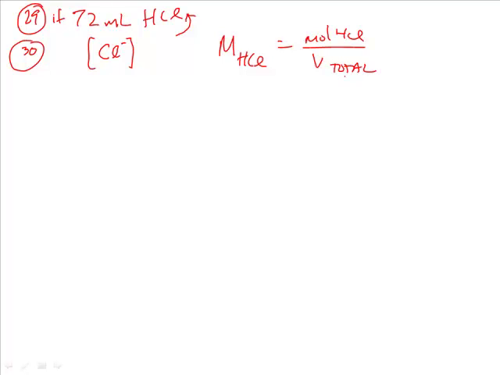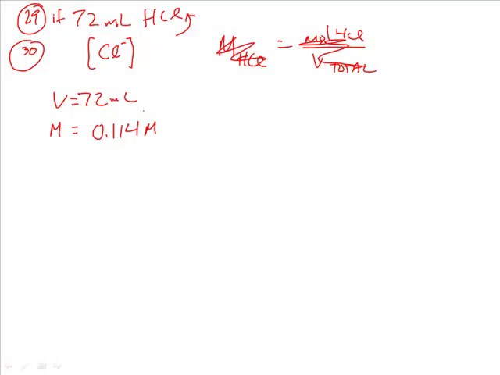So we have to consider the volume of the whole thing, not just the original molarity. So you got 72 milliliters. That's the volume. The molarity from the previous problem might be, let's say, 0.114 molarity.